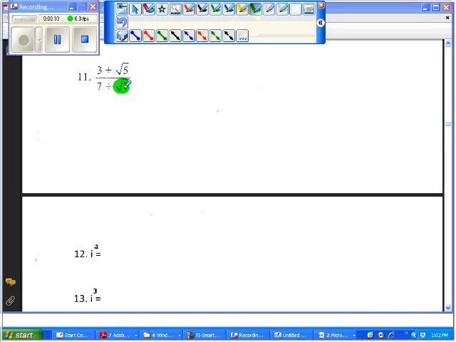Now, I need to show you what not to do, okay? So if you're taking notes, don't take any right now. What some people would have the tendency to do is multiply by square root 7. But what's going to happen if you multiply by square root 7? Well, it has to be distributed.